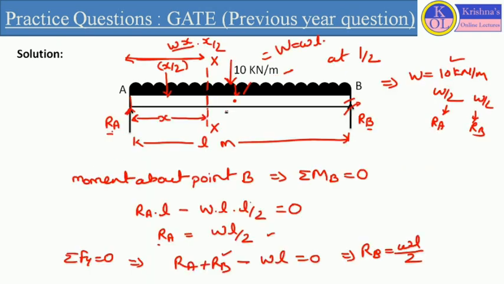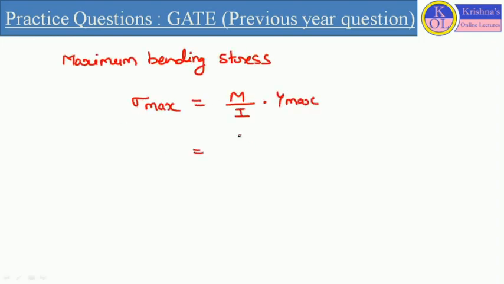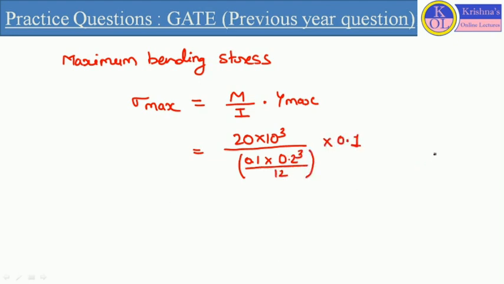So let's define the maximum bending stress with the help of the flexural formula. With the help of this formula, we can define the maximum bending stress, represented by sigma max.